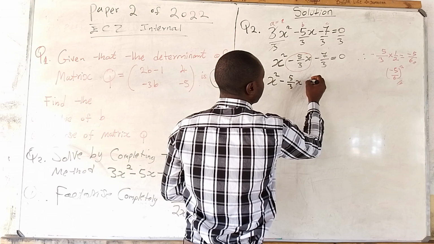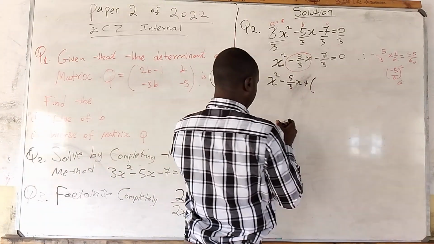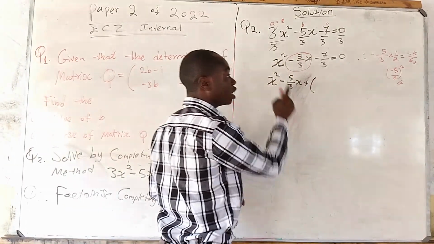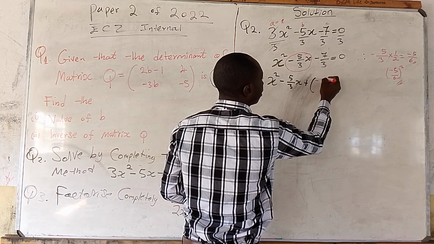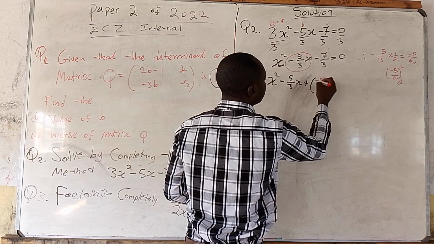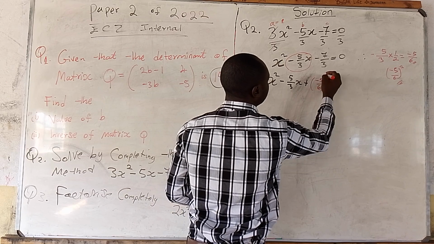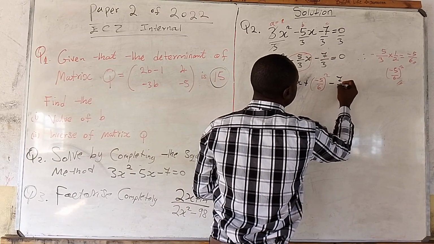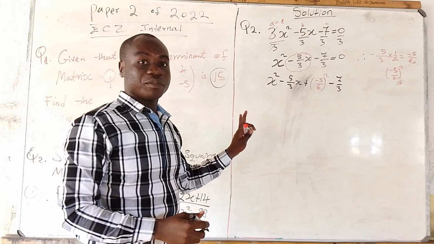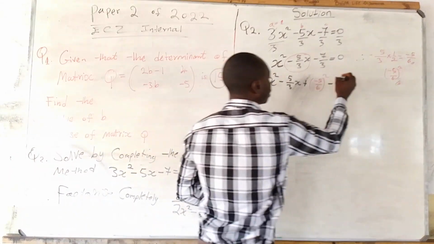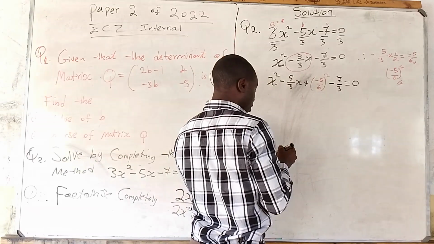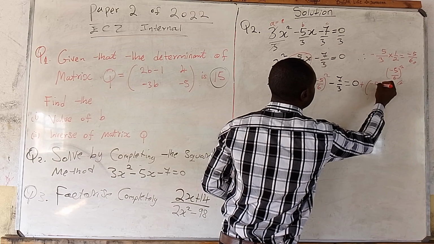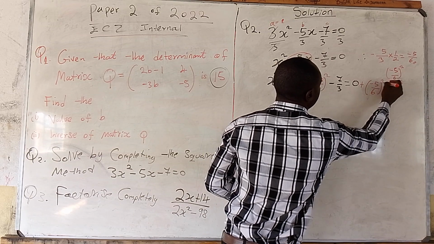Let's add what we have found, which is half of negative 5 over 3, that is negative 5 over 6, and we square this. Let me use red marker. And then we have minus 7 over 3. Don't worry, I'll do this step by step so that you get everything clear. So we have 0. We are also adding it on the other side, so we have plus negative 5 over 6 squared.